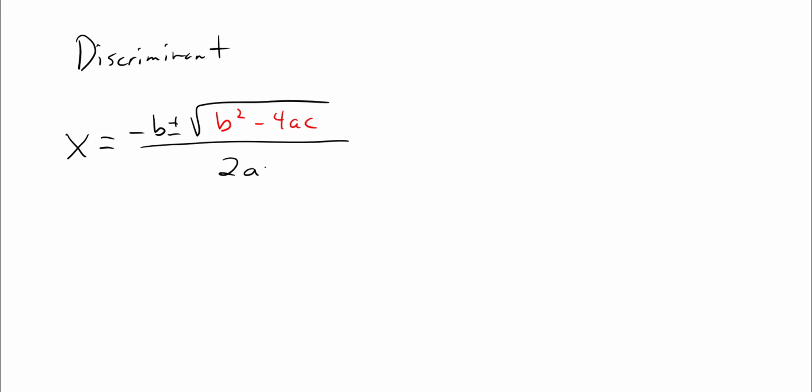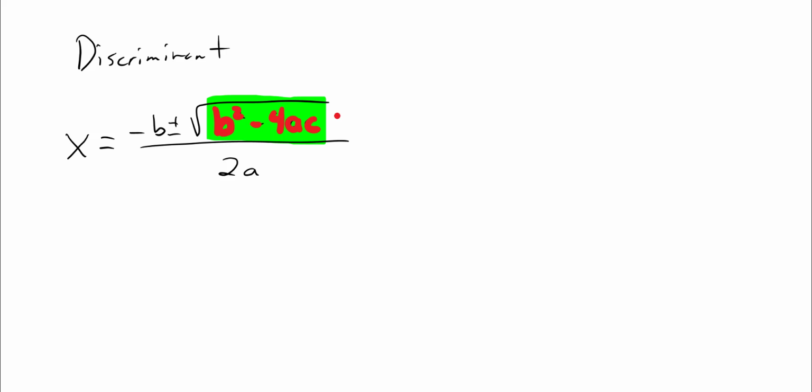What I wrote in red, not including the square root, just the b squared minus 4ac, is really important. I'm going to put that in bold again. That is the discriminant. That's all you plug in, b squared minus 4ac. It's part of the quadratic formula.